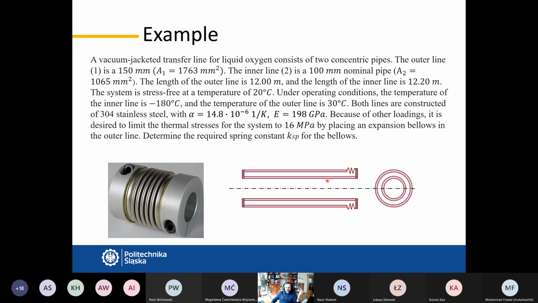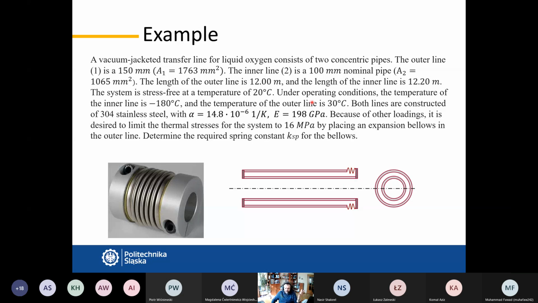And we should calculate what should be the K spring, the spring constant of the bellows, so that stresses occurring due to mutual interaction between these two pipes are no bigger than 16 megapascal. Of course, we'll use the formulas which were discussed a minute before.